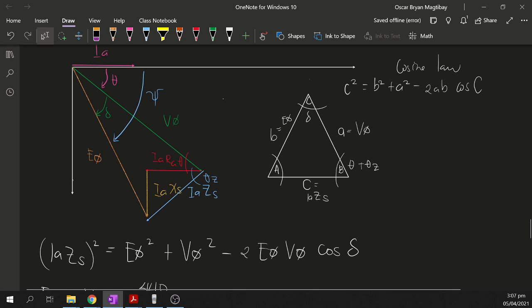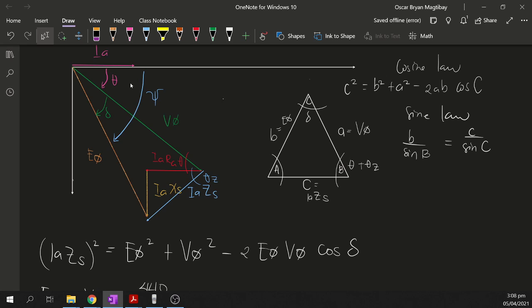Ano? Paano tayo gagamit ng sine law? Balikan natin ito. The law of sines. We could say that B over sine B is equal to C over sine C. Yan yung gagamitin natin sa formula para sa pagkuha naman natin ng angle that is theta plus theta Z. Bakit ito ang ginamit ko?